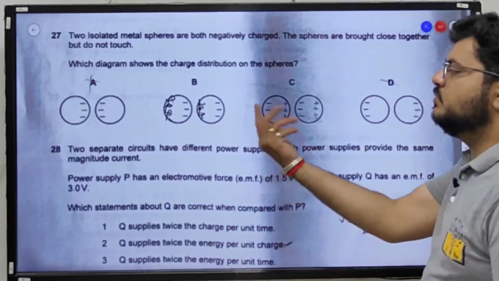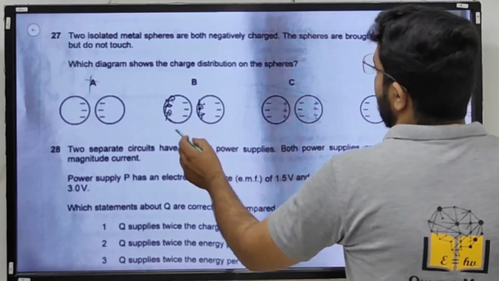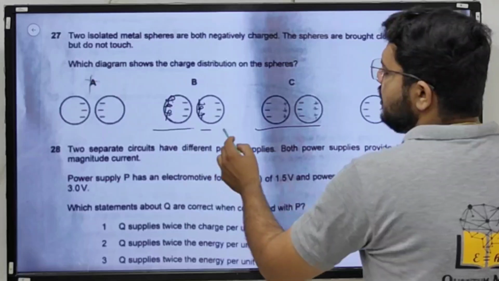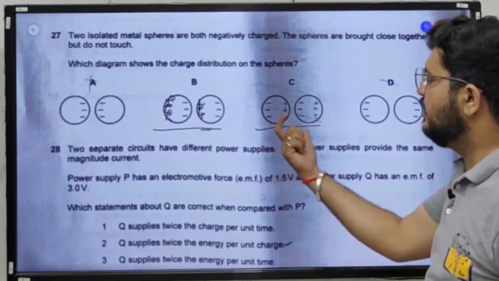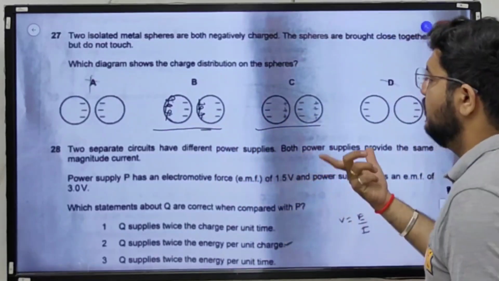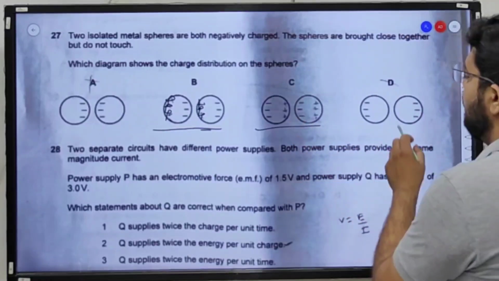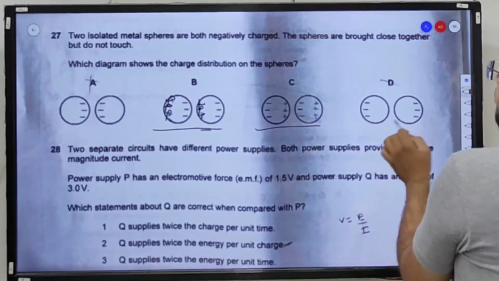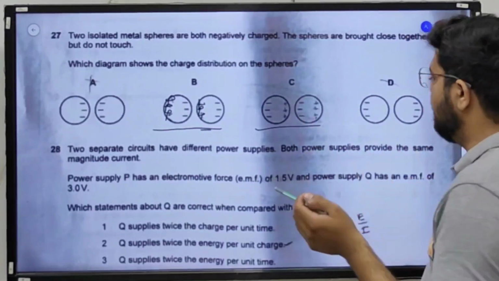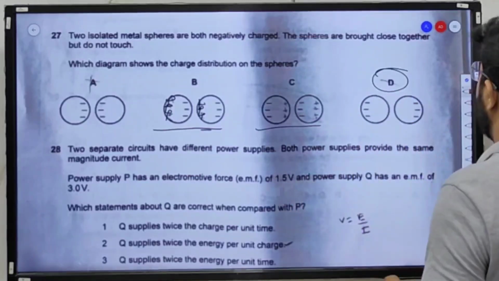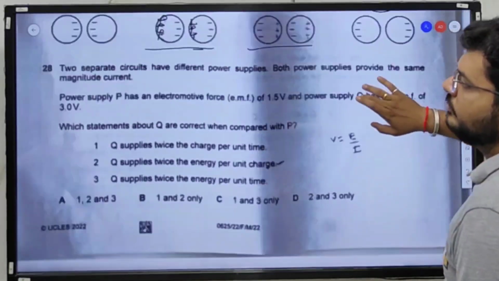So the charge distribution changes. I believe that is also incorrect. So both B and C are similar, right? The charge distribution changes. So B and C, both of them are incorrect. But in D, if you observe, the negative charges are repelling each other, and that's true. So I will take answer D.